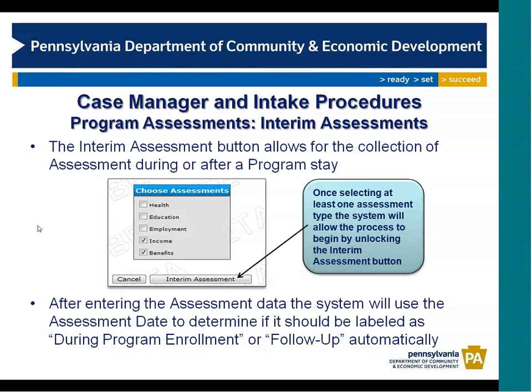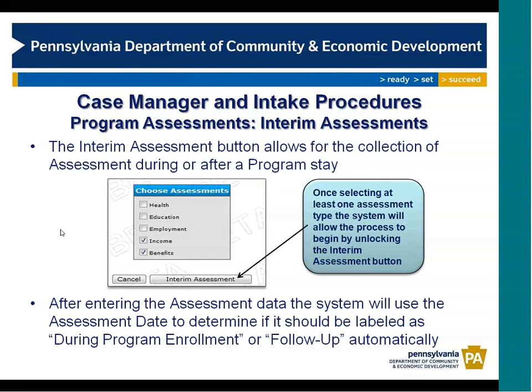It allows you to pick and choose which of these assessments you want to collect for the specific client. All you have to do is select which one you want and click this interim assessment button, and the system will take you through a mini loop that only includes the ones you have selected.